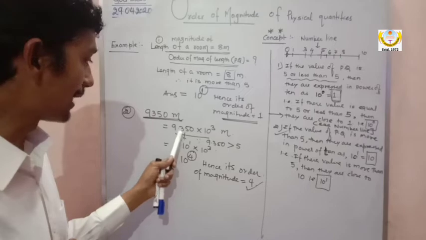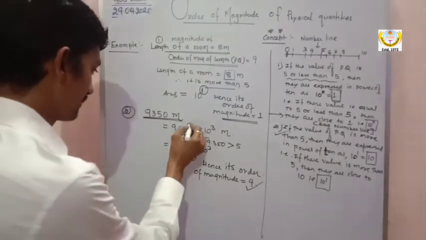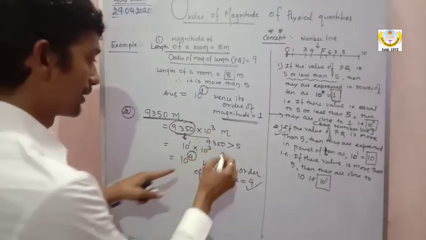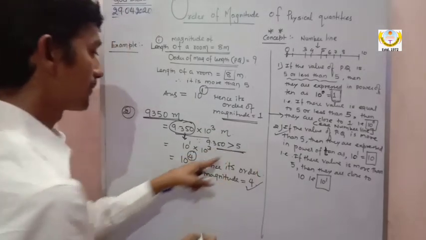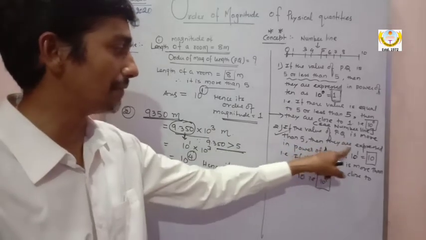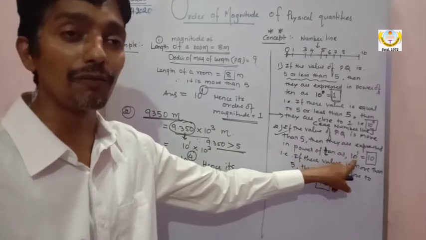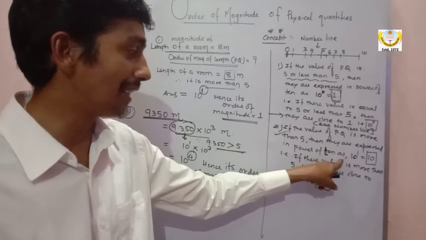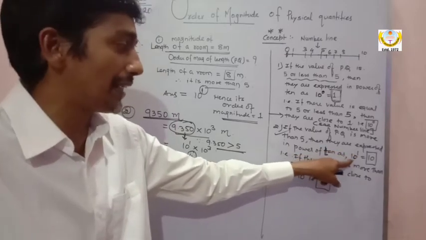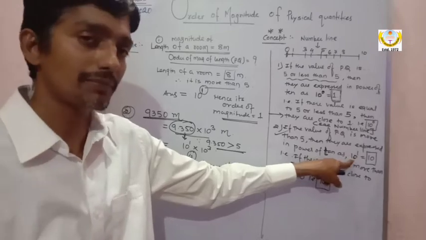Now after this, 9.350 is more than 5. So if they are more than 5, they are expressed as a power of 10 as 10 power 1.